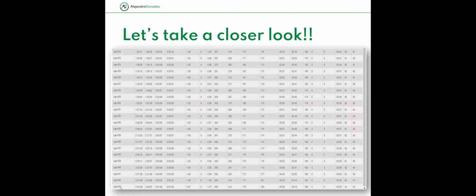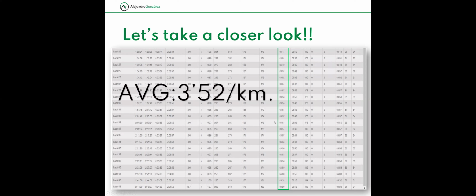Now let's take a closer look at the second half of the race, from kilometer number 22 up to the end of the race. If you take a closer look at the average pace, you will get 3 minutes and 52 seconds. Why? I can explain this because in these last kilometers, as you can see, the last 2 kilometers had a slope.